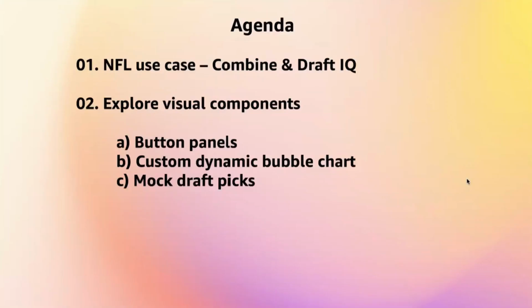So here in today's focus is the NFL use case. NFL has been using QuickSight for several years now. Their primary use case earlier was to do analytics on player stats. They have sensors on the players' suits and it collects tons of information during the events, during the actual games.